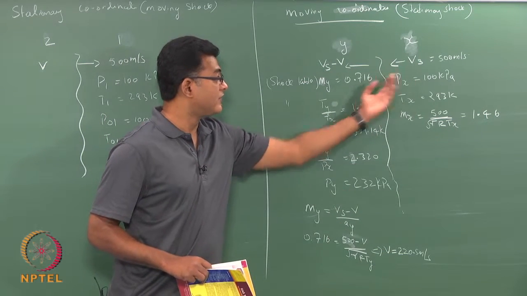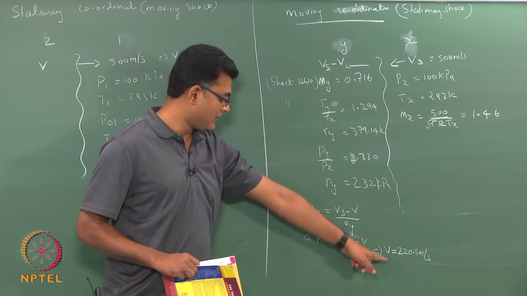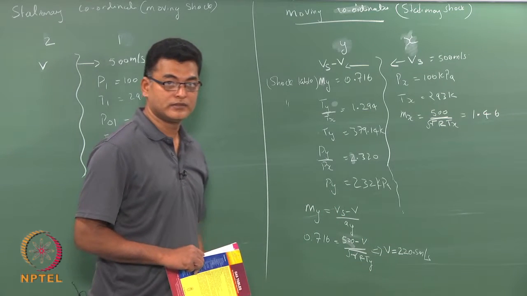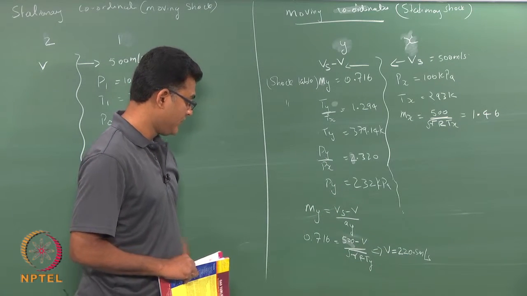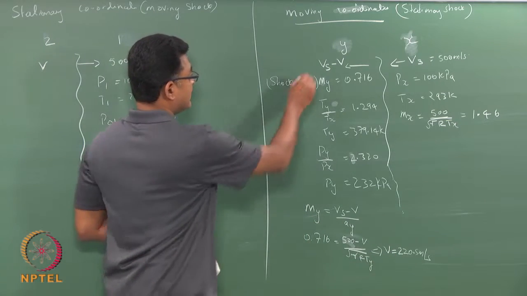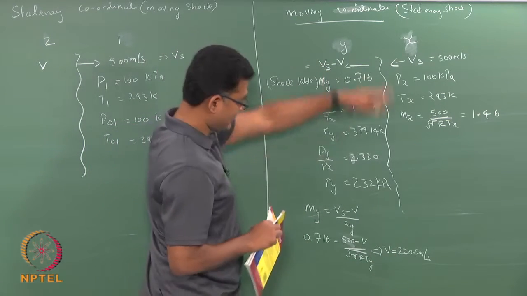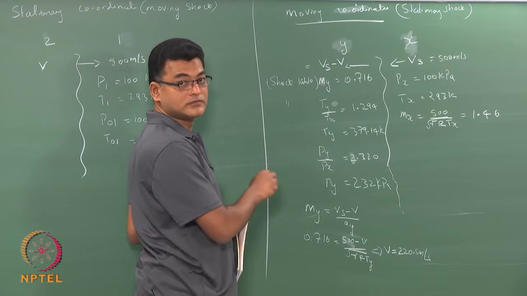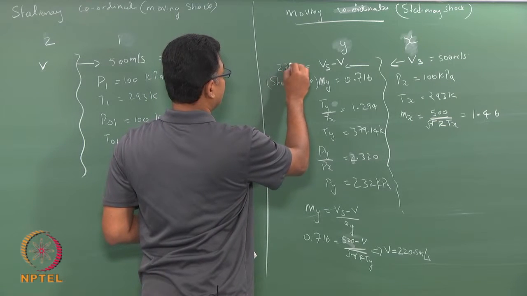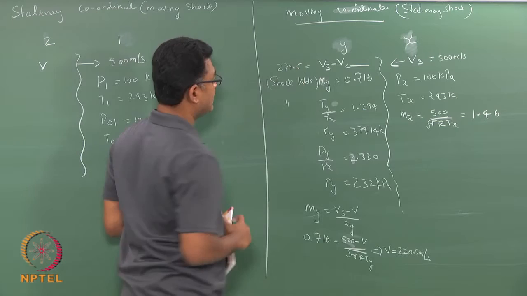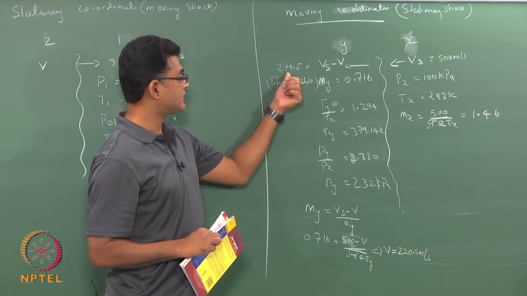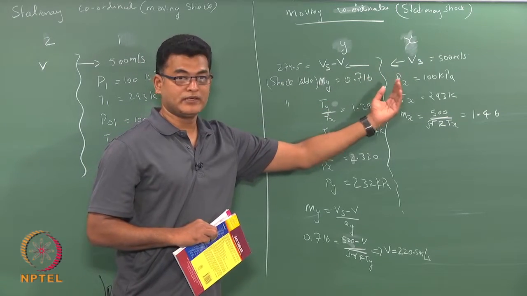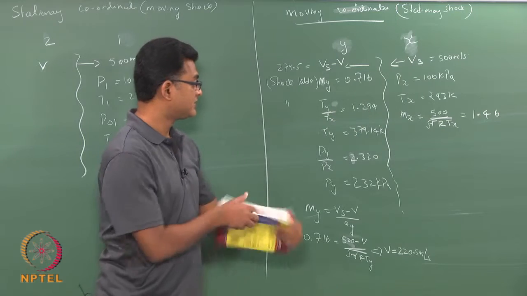So I see a fluid shock that is coming, and the relative velocity here is 500 minus 220, which is 279.5. Okay. So the fluid is receding with a velocity 279.5 meters per second, if the fluid is coming and hitting the standing shock wave with this.